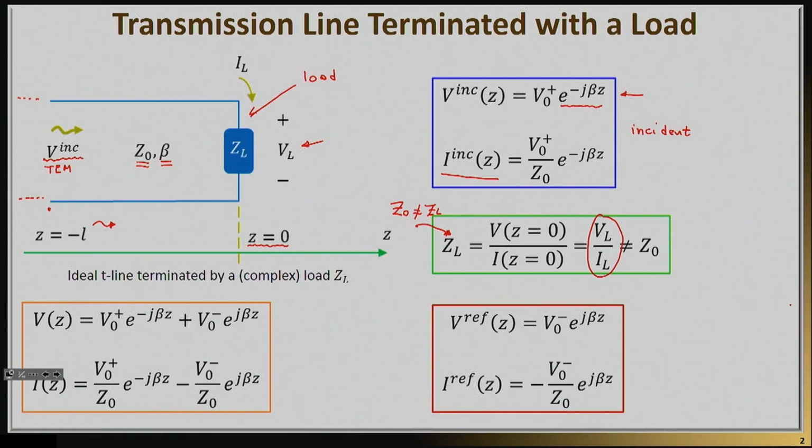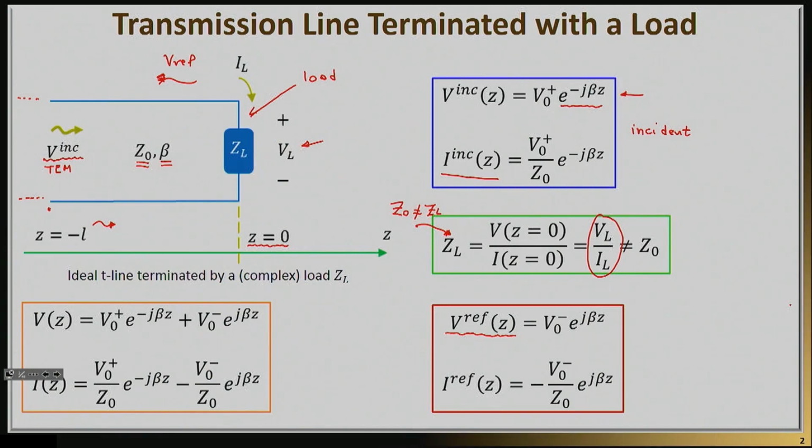That is the main reason why we need to assume that not only the incident wave is there, but also there's going to be a reflected voltage and current wave on this transmission line. So there's going to be a reflected voltage wave that you can see here with a magnitude of V0 minus.